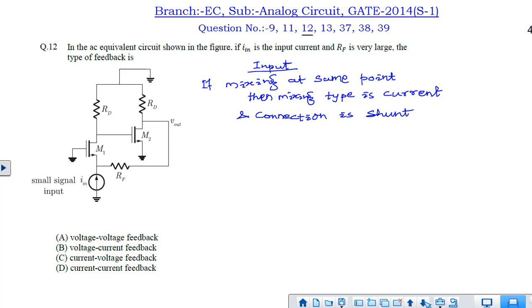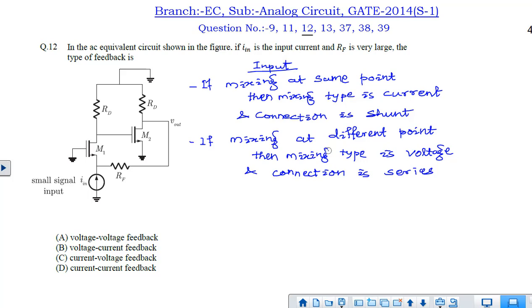Similarly, if the mixing is happening at a different point rather than the same point, then the mixing type is of voltage, whereas the connection will be of series type. So these are the 4 points that we have to remember.